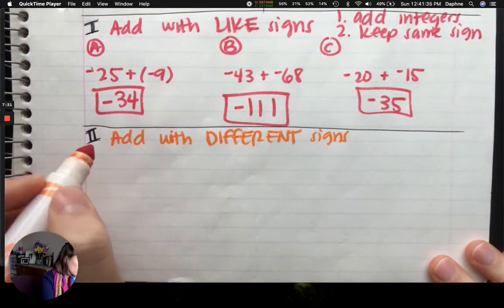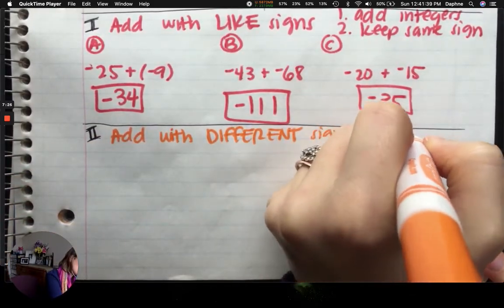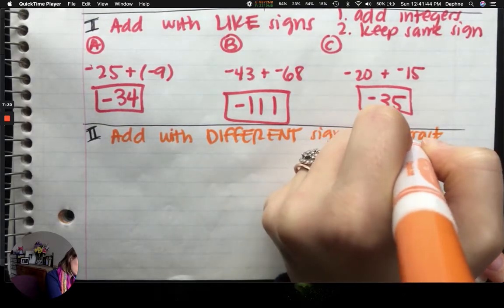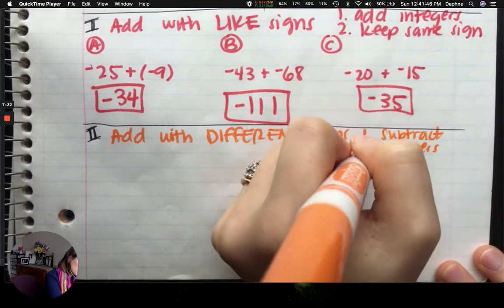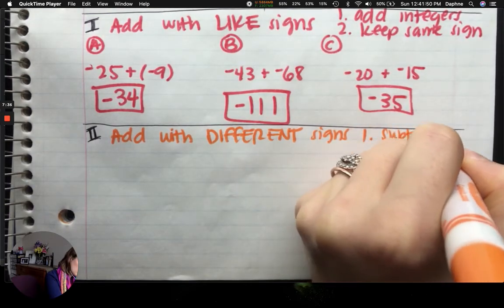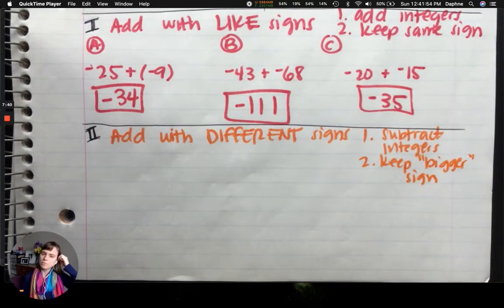So here we have, first step is to subtract the integers. And the second is to keep the bigger sign. And now we're going to think about absolute values.